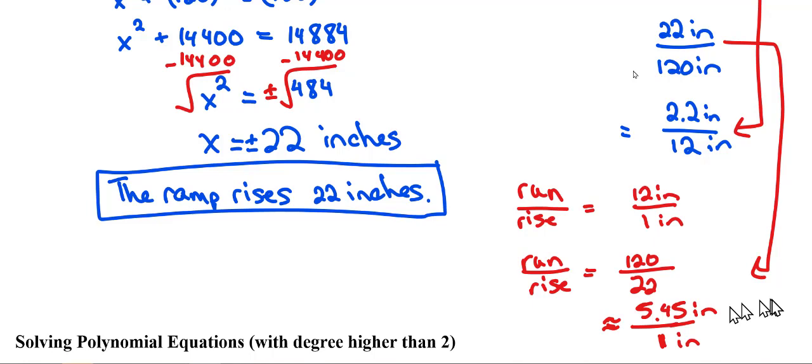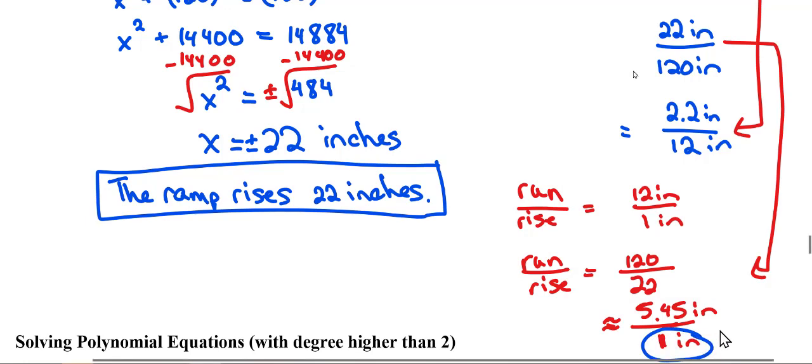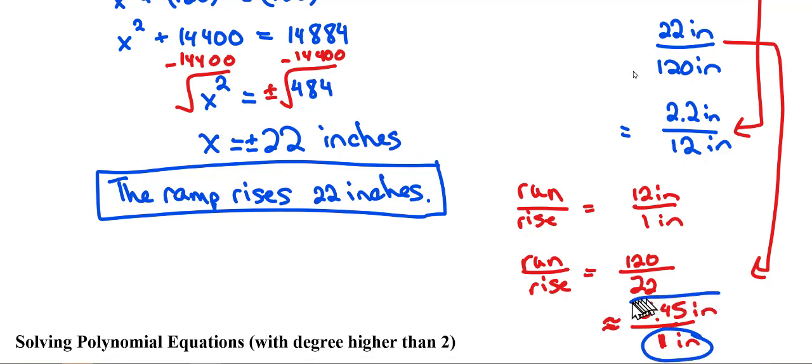So what that's saying is in my scenario of my ramp that is built here, for every 1 inch that I rise, I'm only going 5.45 inches horizontally.